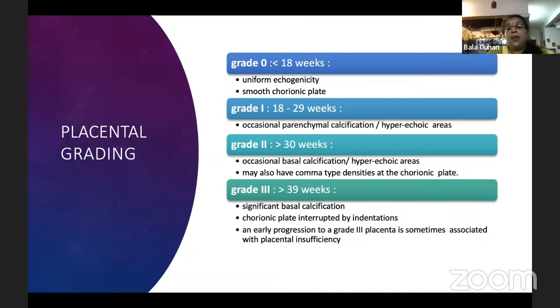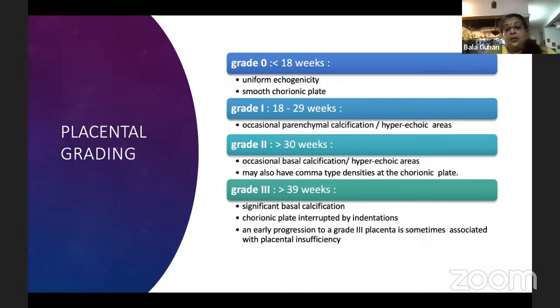with occasional basal calcification and hyperechoic areas, and may also have comma-type densities at the chorionic plate. Grade 3 placenta is when it's mature, more than 39 weeks, and significant basal calcifications can be seen with chorionic plate interrupted by indentations.